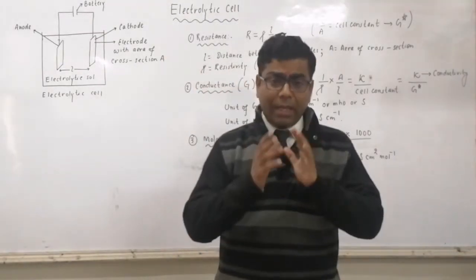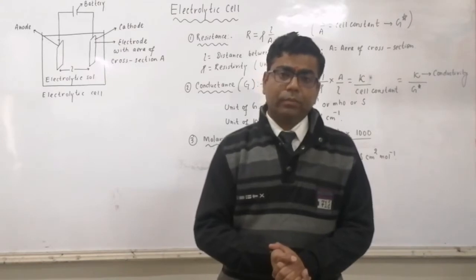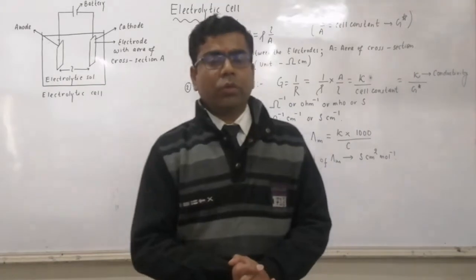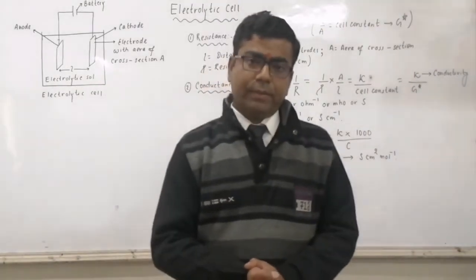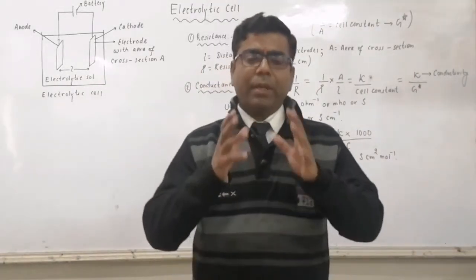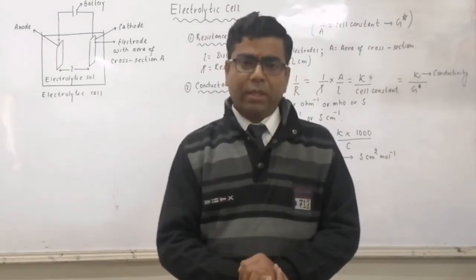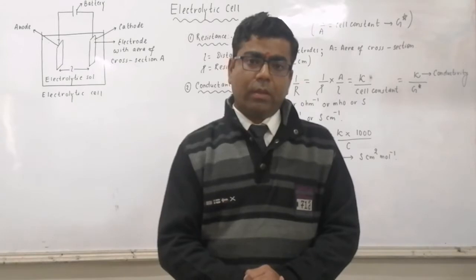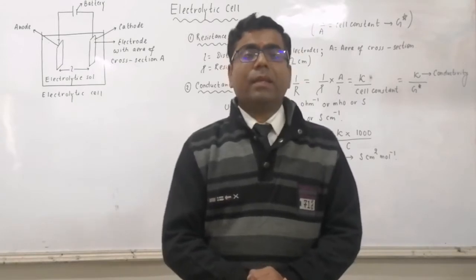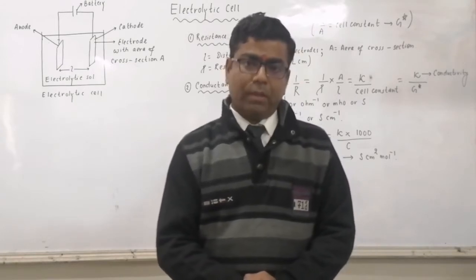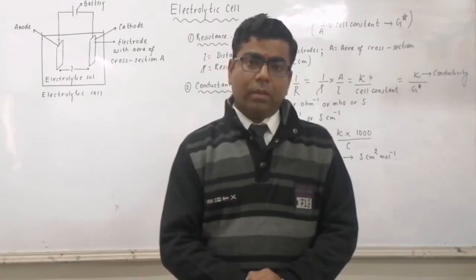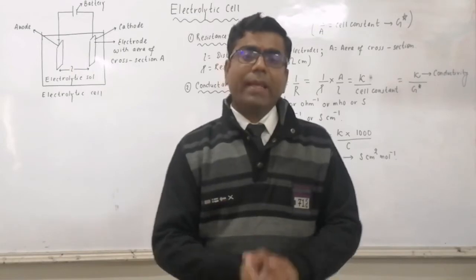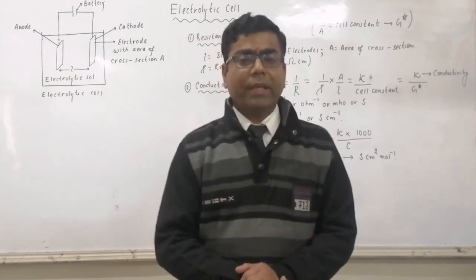In an electrochemical cell, chemical energy is converted to electrical energy, or with the help of a chemical reaction, we are producing current, electricity. But in an electrolytic cell, it is just the reverse. A chemical reaction occurs with the help of current, or we can say electricity.